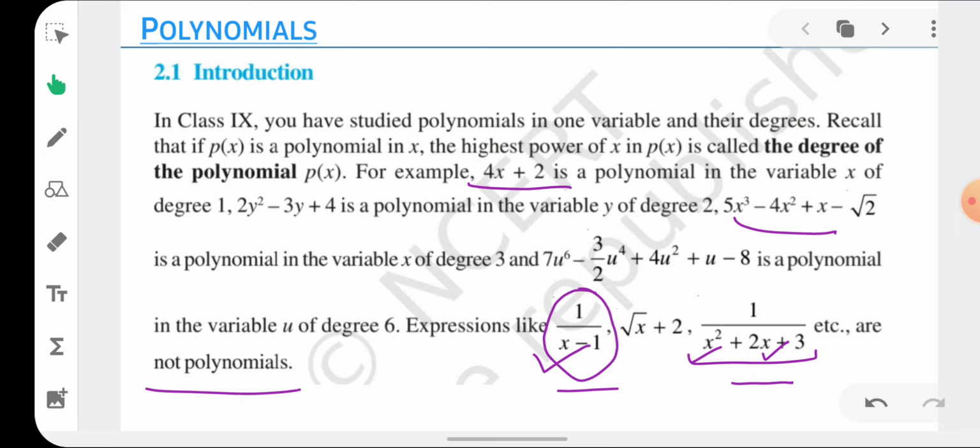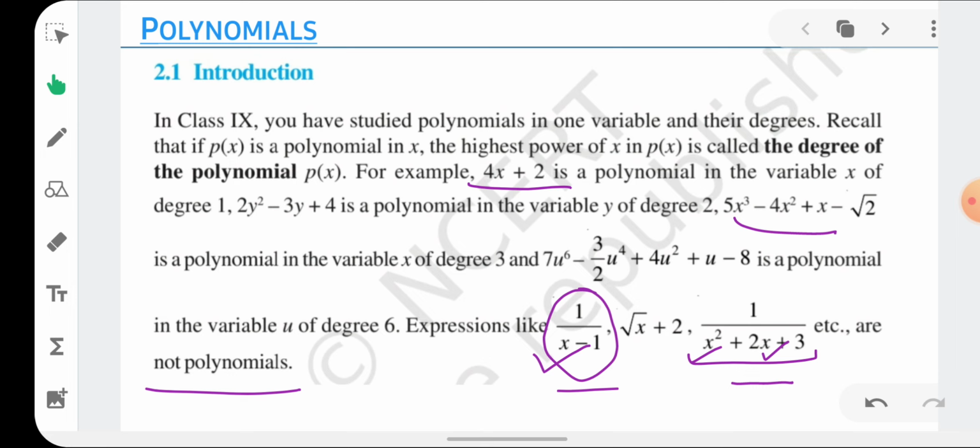A polynomial can have constants, variables, and exponents, but never division by a variable. If there is an example 5xy square minus 3x plus 5, this can also be a polynomial. A polynomial has terms. If there is one term, it is a monomial.